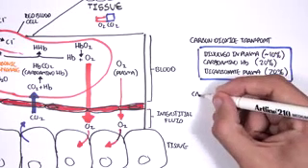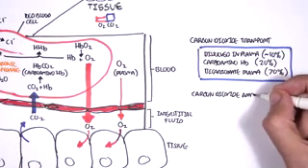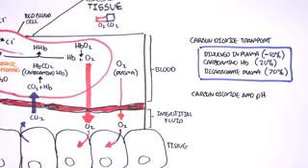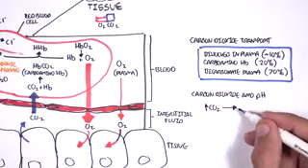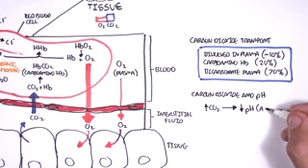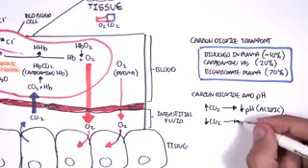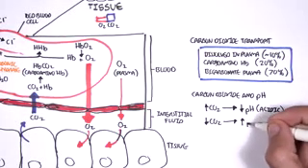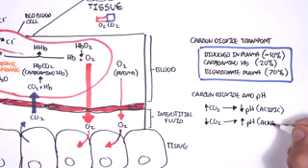Now, it's also important to understand that carbon dioxide and pH are very much related. If we have an increase in carbon dioxide, this will cause a decrease in pH, which means that it will make the blood acidic. If we have a decrease in carbon dioxide, this will make the blood more alkaline, so an increase in pH.